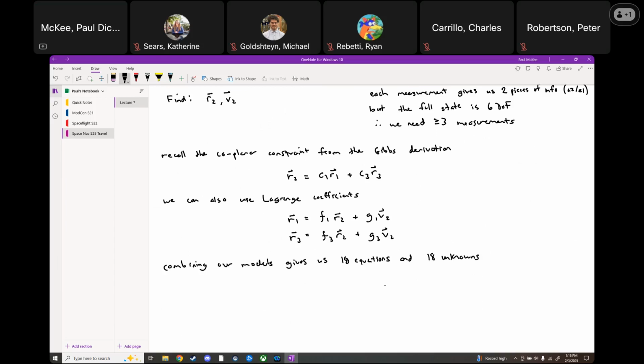I'll spare going through and counting them, but if you wanted to, you can convince yourself that this is actually a solvable problem. Okay? We'll begin by finding the Gibbs coefficients, C1 and C3, in terms of the Lagrange coefficients.